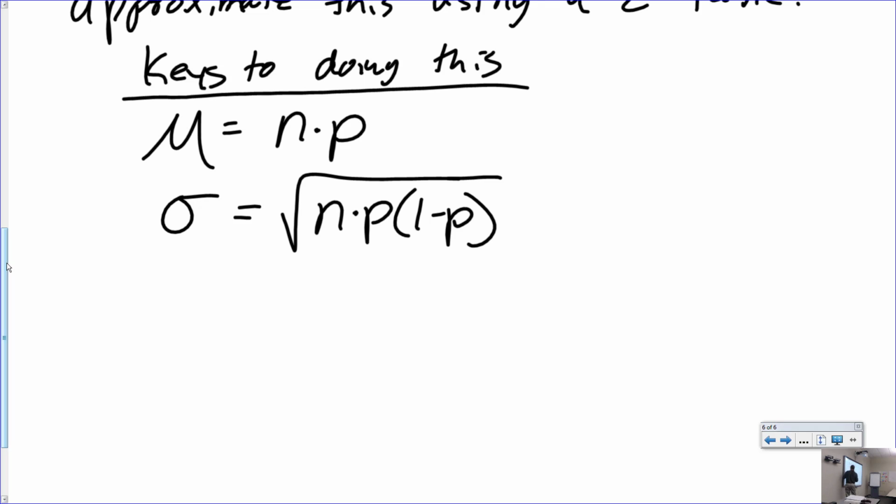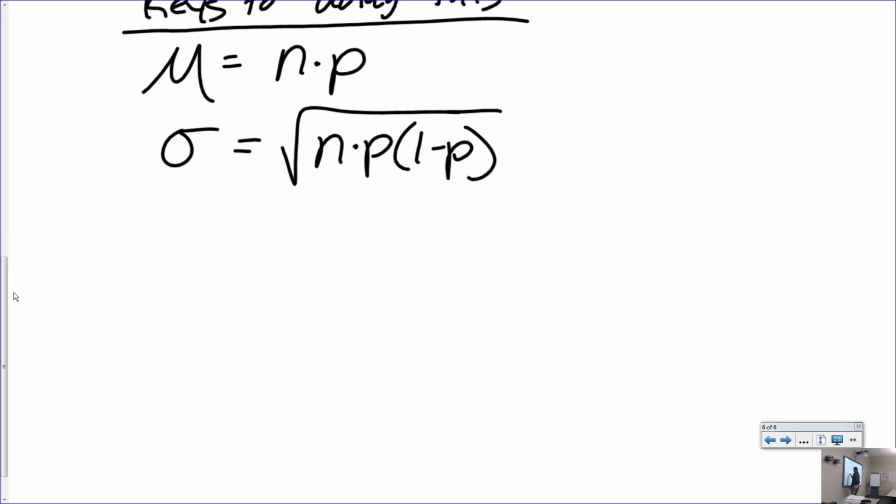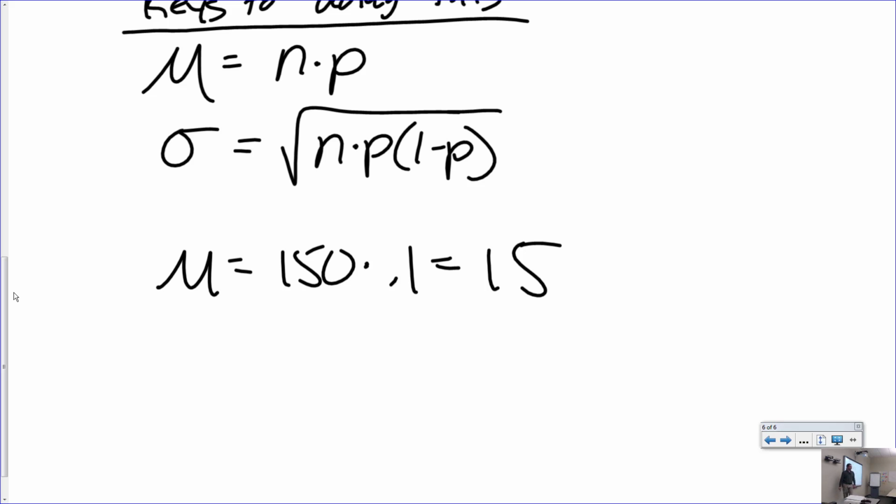So for my example, folks, what is the mean? We've already done it. 150 times 0.1 equals 15. So we expect 15 students to show up with a hat. What's the standard deviation? 0.1.